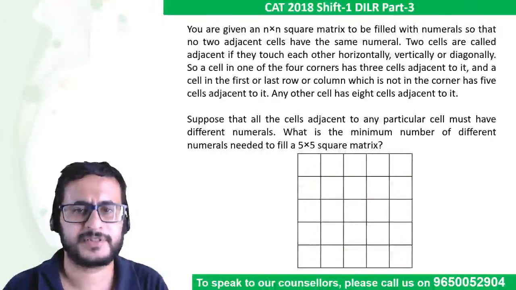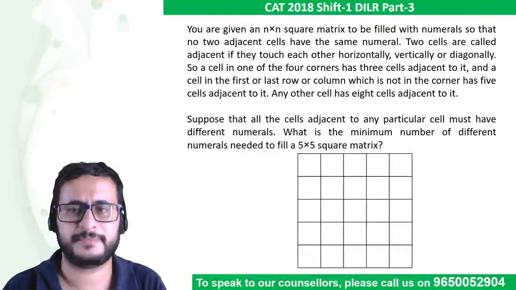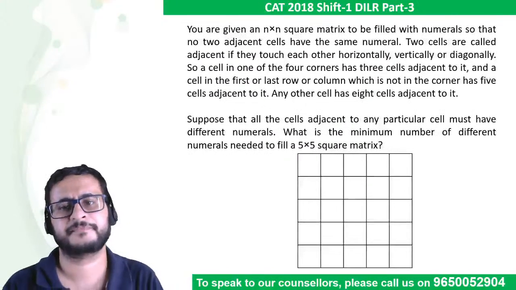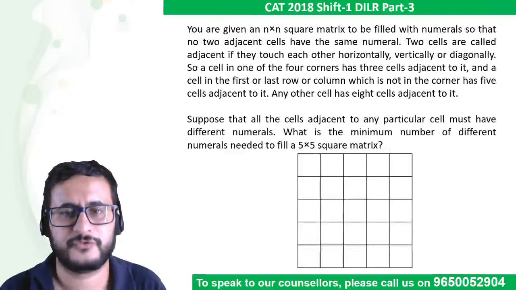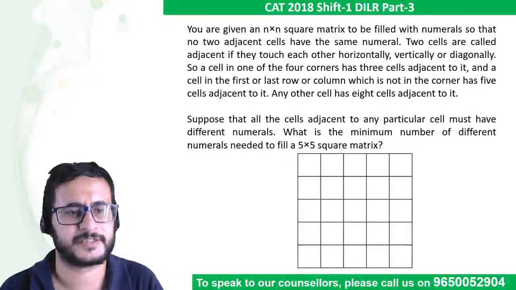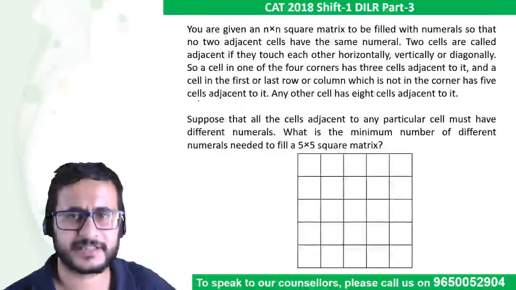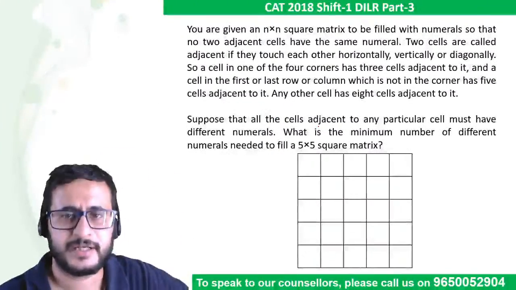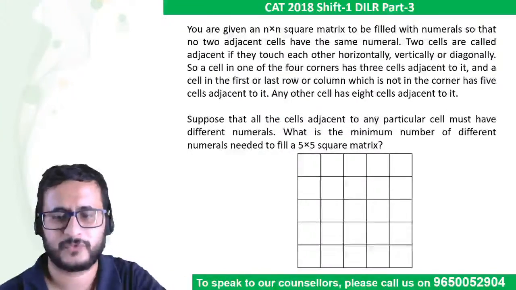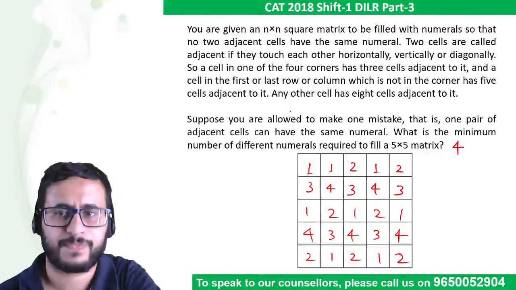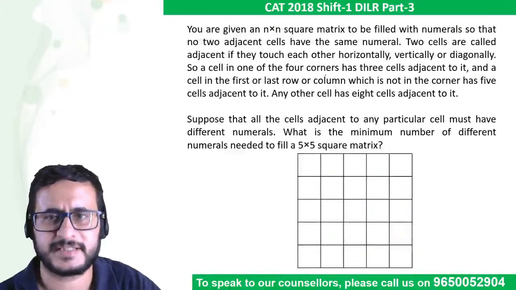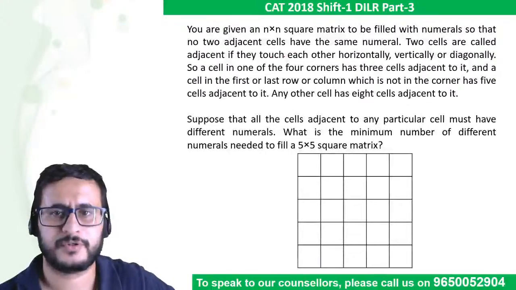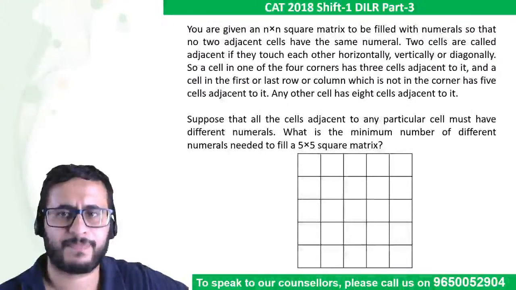Alright. Suppose that all the cells adjacent to any particular cell must have different numerals. What is the minimum number of different numerals needed to fill a 5 by 5 square matrix? Okay. So up to the previous questions, it was that only adjacent cells had different numbers.